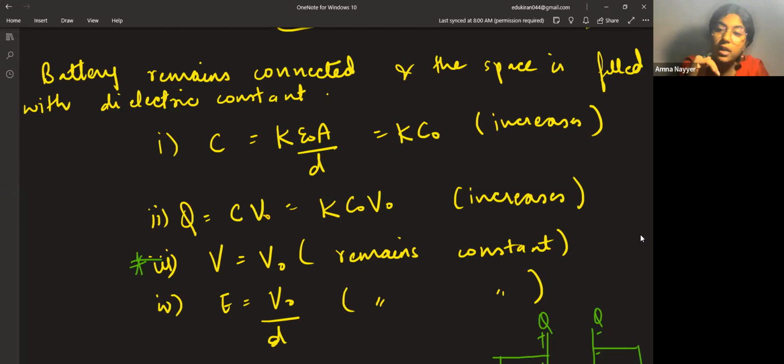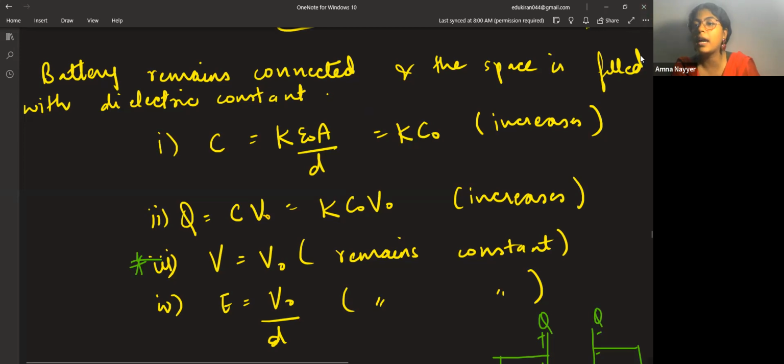Now, if potential difference remains constant, this will also be constant because this is ultimately consisting of V naught only. So E is equal to V naught by D. This is remaining constant. Please remember these brackets also. All right. K times it is increasing. So capacitance is increasing. Charge, what is happening to the charge? Charge is also increasing, but potential remains the same.